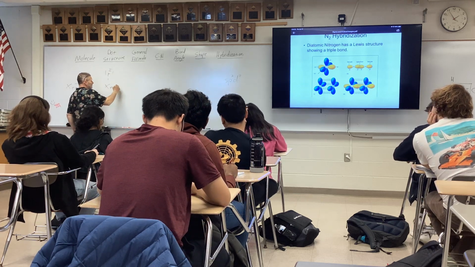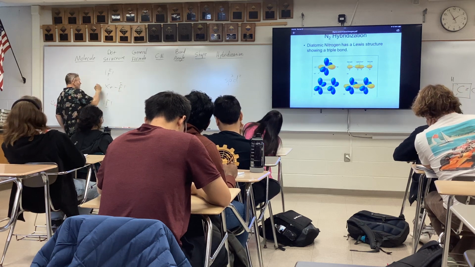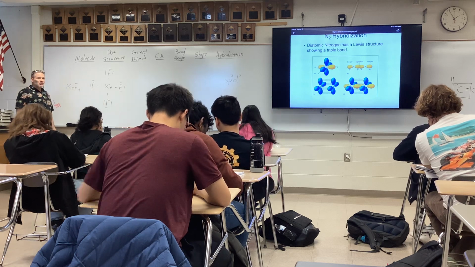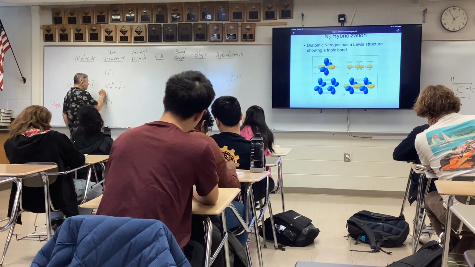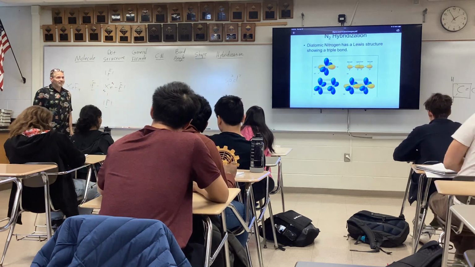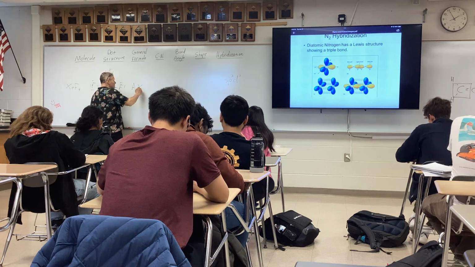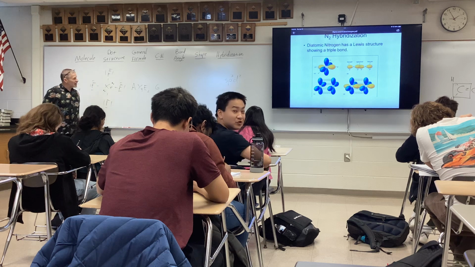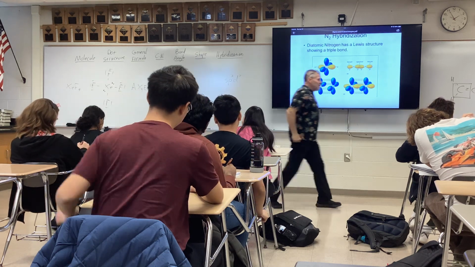Lone pairs. So you may start this way and have this drawn, but then you find out, oh, I got 4 extra electrons left over. And that's because the xenon atom has 2 lone pairs in it. Which means it is AX4E2. Coordination number still 6. Hybridization still sp3d2.